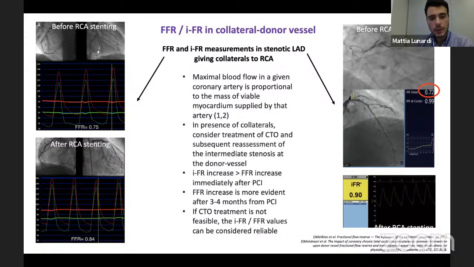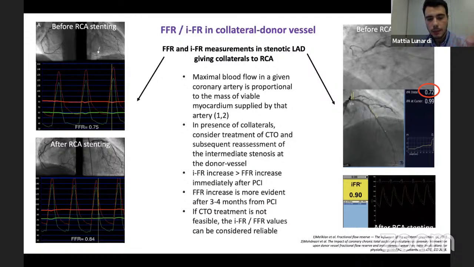Before the PCI of the CTO, we have an abnormal FFR and an abnormal iFR in the LAD, 0.75 and 0.72. And after the stenting of the RCA, of course, the myocardium that is supplied by the LAD is less, and the FFR becomes negative, and also the iFR, even if borderline in this case.